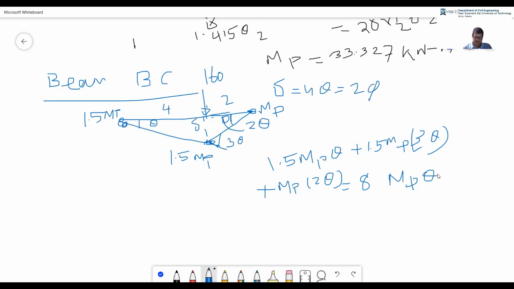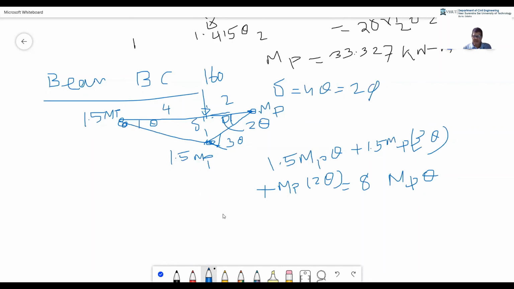Right? 1.5 MP was here, 1.5 MP was here, MP was here. So this is 4 theta. So 2 theta, theta, 3 theta.